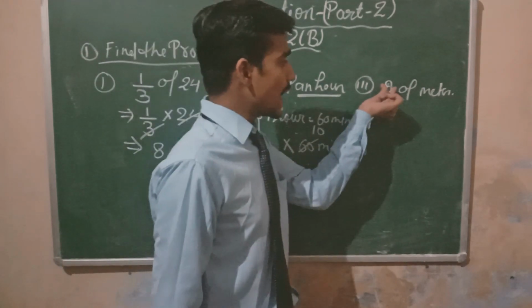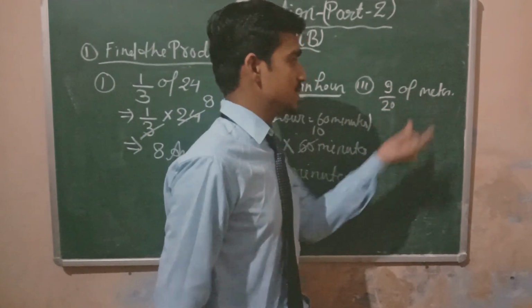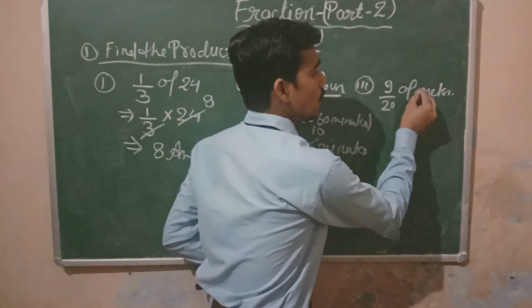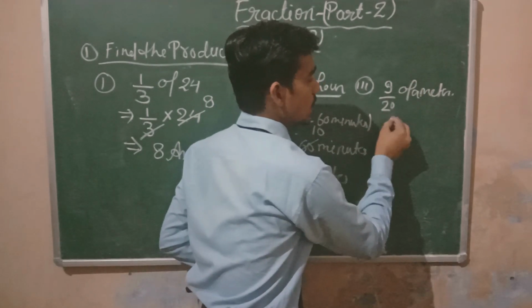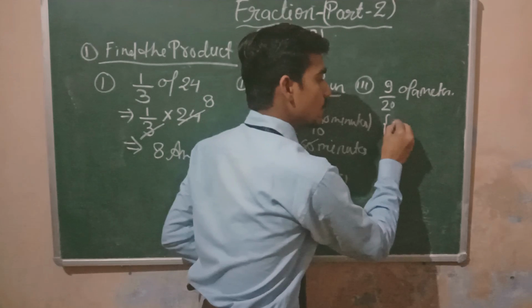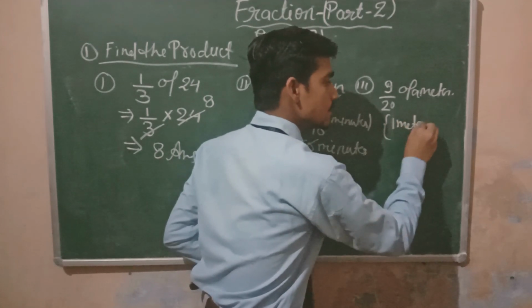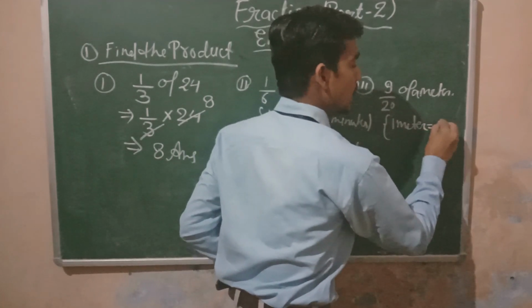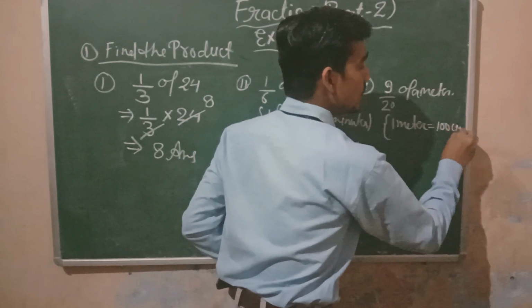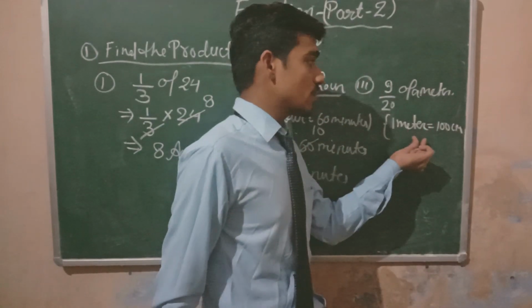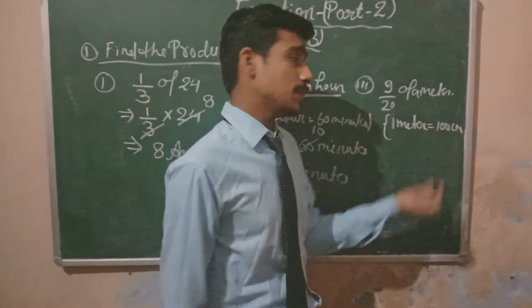And third question, 9 upon 20 of meter. 1 meter, look at here, 1 meter is equal to 100 centimeter.